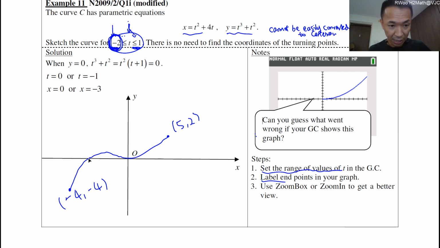And here. Where it cuts the x-axis. It's not difficult. If you look carefully at the equation here, when y equals 0, you can solve this. Then you realize that either t is -1 or t is 0. When t is 0, x is 0. When t is -1, you substitute in, your x is -3. So therefore, these are (-3, 0) and (0, 0).